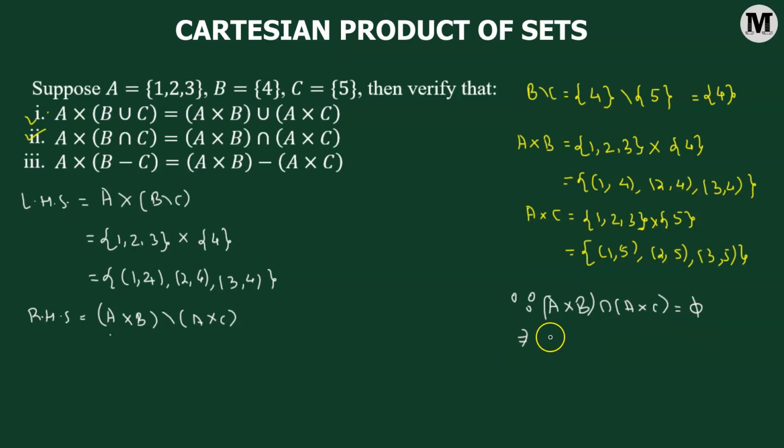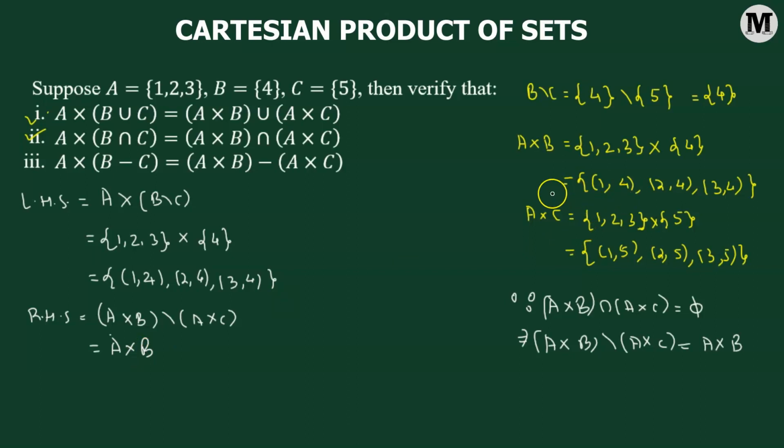This implies that if we take the Cartesian product of A and B and from here subtract the Cartesian product of A and C, that is only going to leave us with the Cartesian product of A and B, which means that we now have only the Cartesian product of A and B.